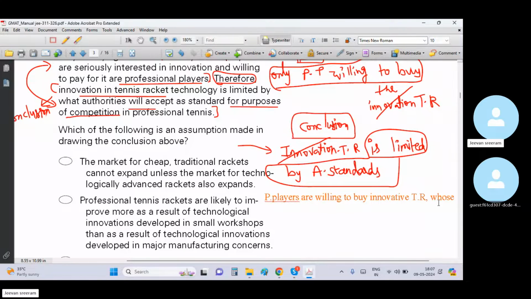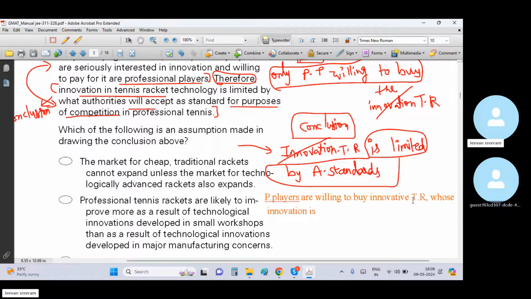Whose means of which here, okay? Whose means not like candidate. Whose refers to tennis rackets. Tennis rackets whose innovation is not limited, below the authority standards, obeys the authority standards. Okay.